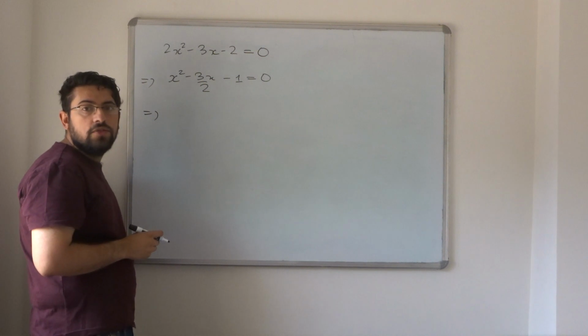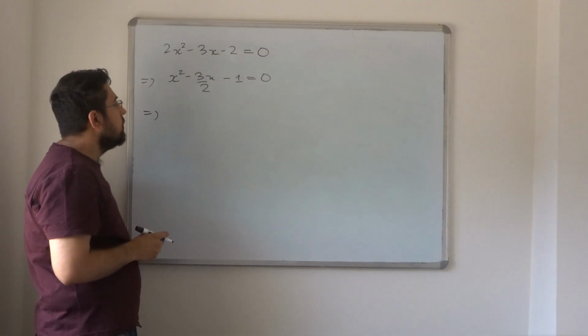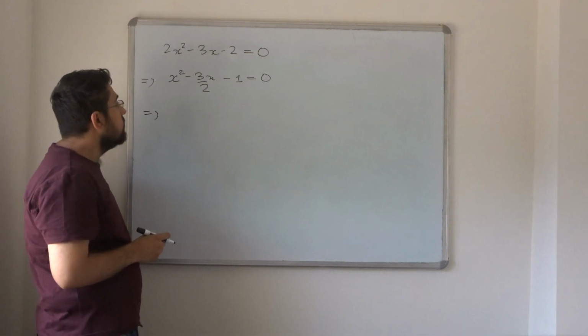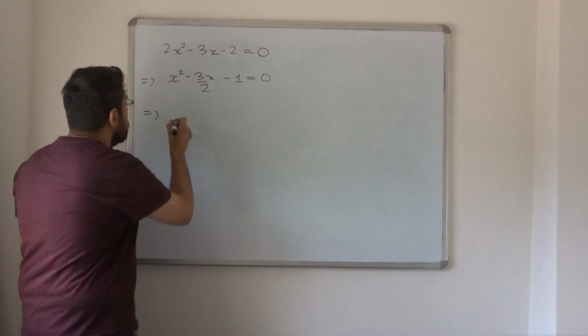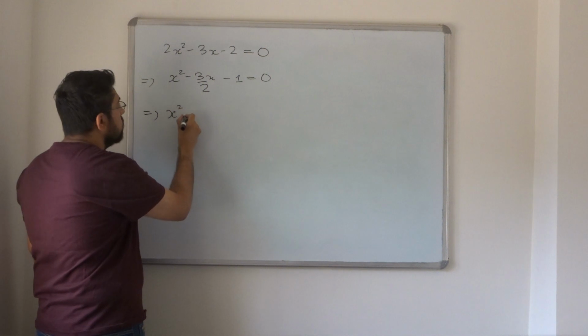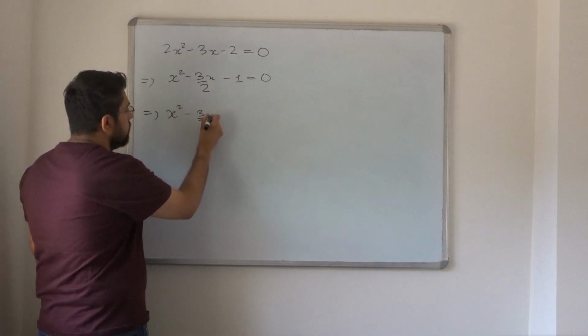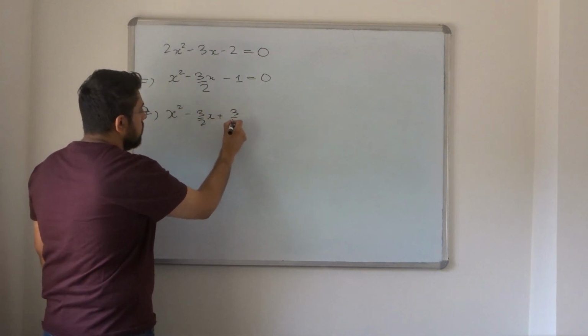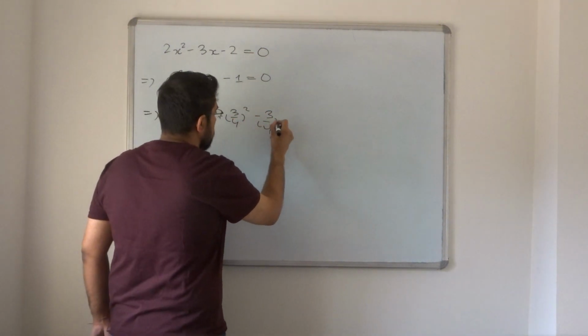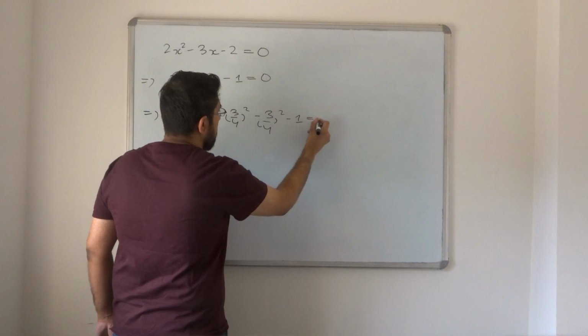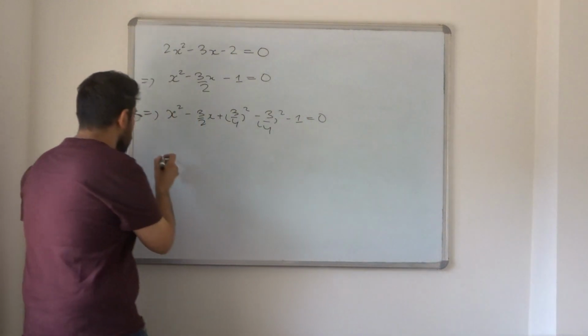So half the value of 3 by 2 is 3 by 4. Okay, you either divide by 2 or you multiply by half and you get 3 by 4. So then this is what you get guys. 3 by 4 squared, minus 3 by 4 squared.